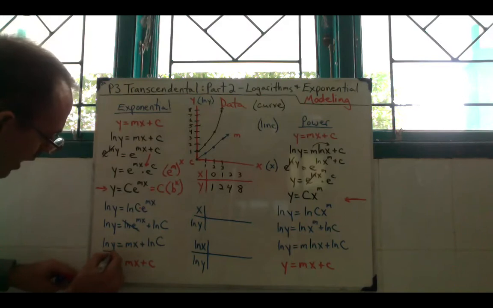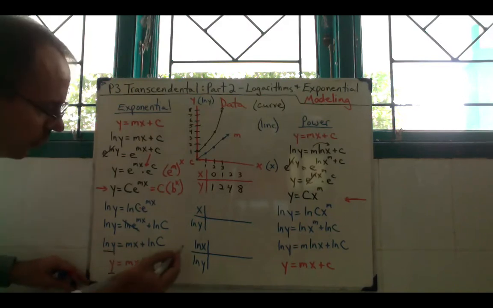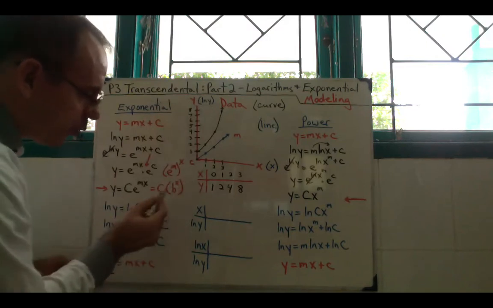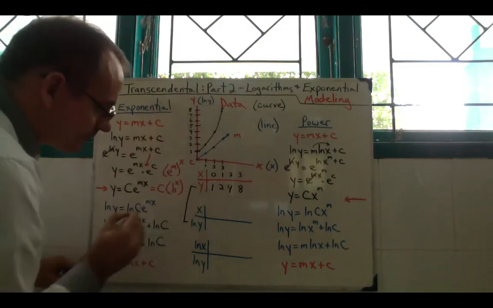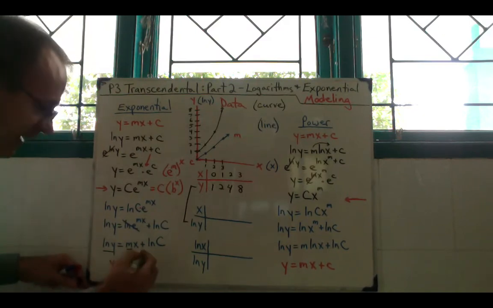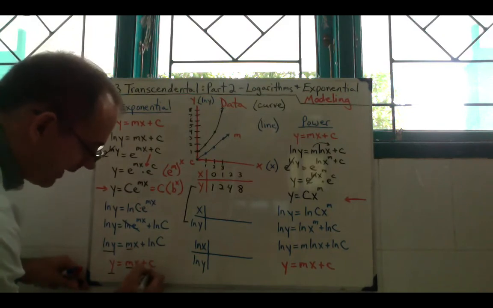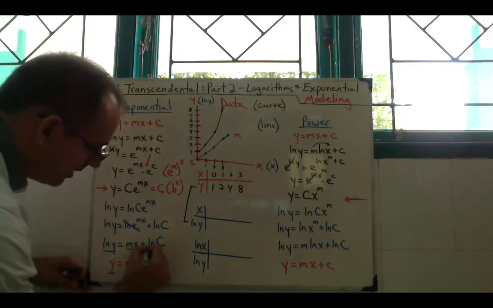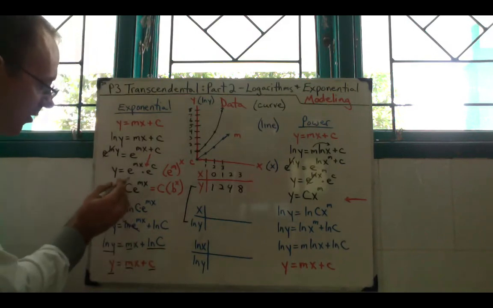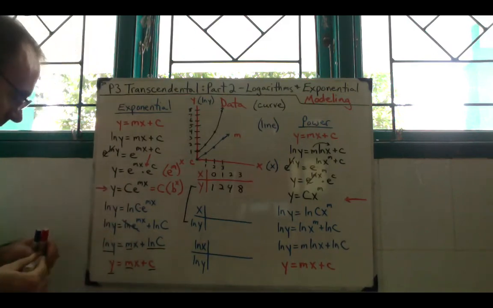Your ln y is equivalent to the y. Remember, your ln y replaced the y here. Okay. Then you see your mx just like normal, and your y-intercept is ln of the capital C from here.